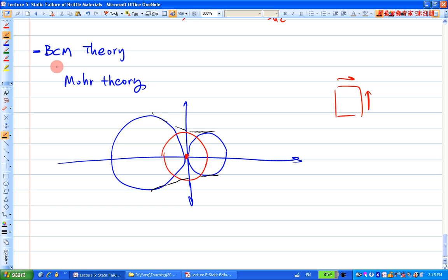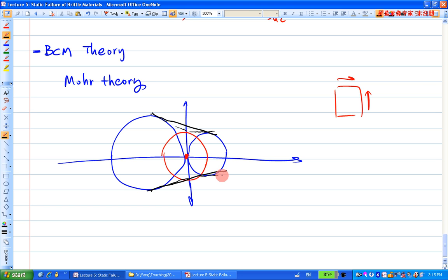Then the Coulomb guy came into the picture here. Let's do something simple, right? The Coulomb idea is, forget about the middle one here. Let's just connect the two tangent lines based on the compressive and the tensile. Connect that using two straight lines.